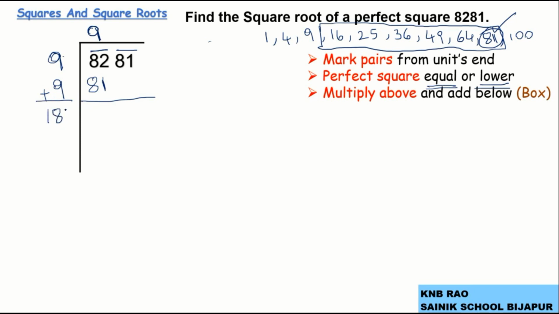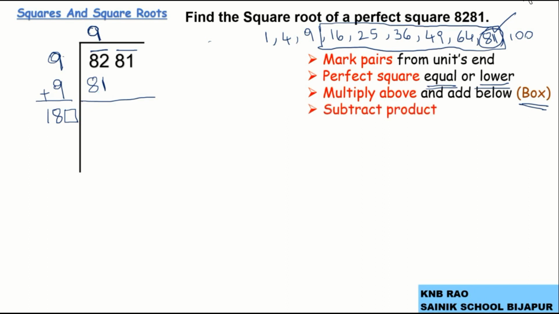I am intentionally leaving a gap here. This is a box I kept. Why? Because here I am going to have one digit getting filled. Who is that box? Let it get filled. We will see.